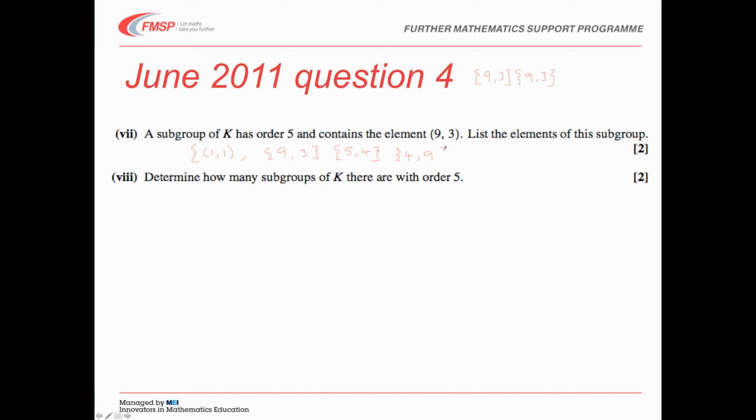That's another element. And if we multiply 4, 9 by 9, 3, it doesn't really matter which order because obviously it's abelian. We're going to get 4 9s are 36, which is 3, and 3 9s are 27, which is 5.